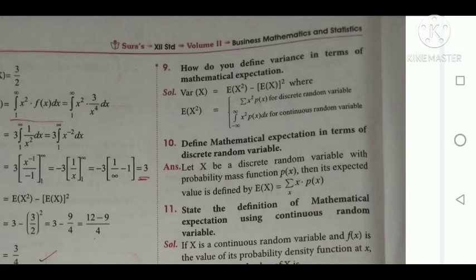For a continuous random variable, it is the integral from minus infinity to infinity of x square into p of x. So these are the two cases.